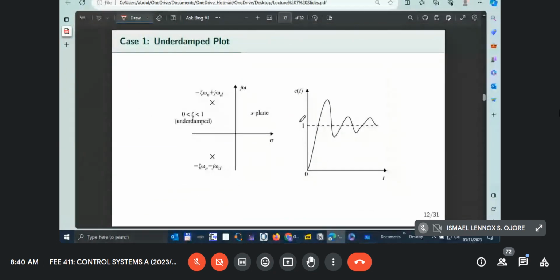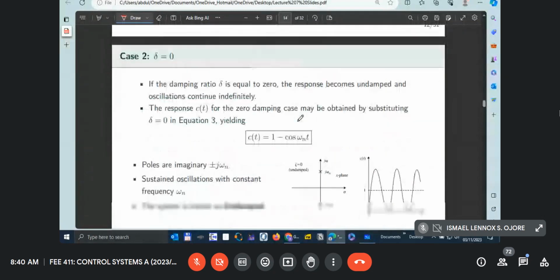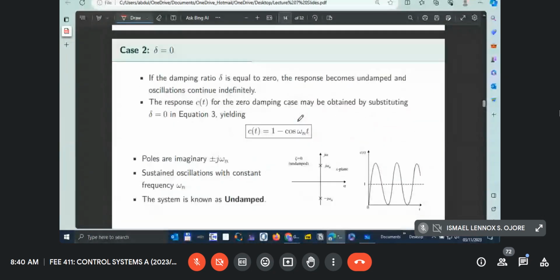So we have discussed this. Now, if the damping ratio is equal to 0, then the response becomes undamped, and oscillations continue. So we have sustained oscillations, and we don't want that in our system.